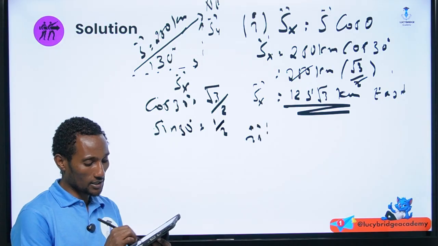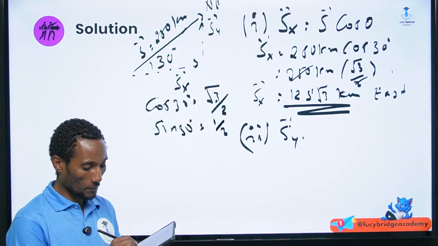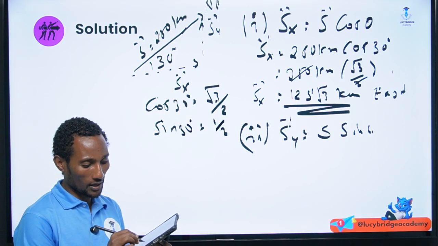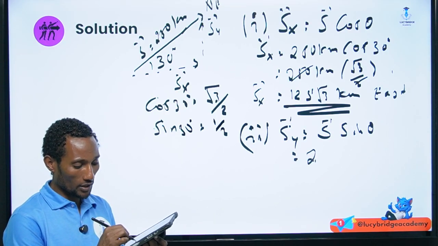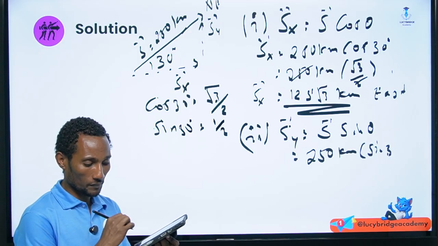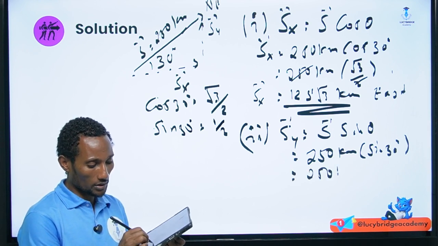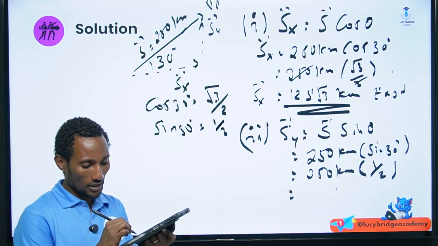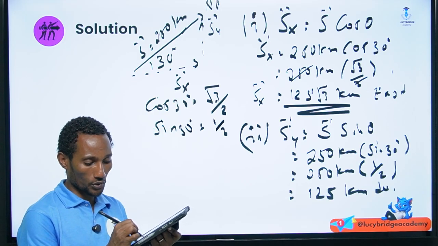Whereas to the y-axis, the second one, we have Sy, which is the same as S sine theta. Substituting the values, 250 kilometers times sine 30 degrees, then 250 kilometers times 1 over 2, the result is 125 kilometers due north.